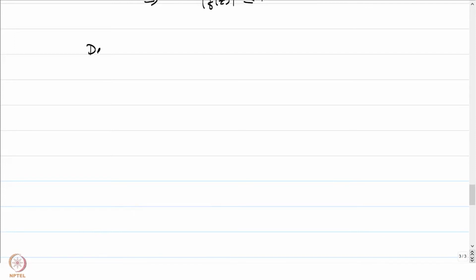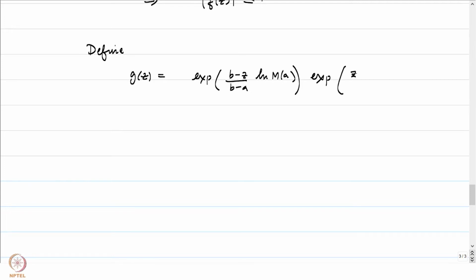In order to do that, let's define our g of z to be equal to the exponential of b minus z by b minus a times log m of a, times the exponential of z minus a by b minus a into log m of b. This is basically the real logarithm. So if you notice, the exponential of b minus z by b minus a into log m of a is a composition of entire functions.